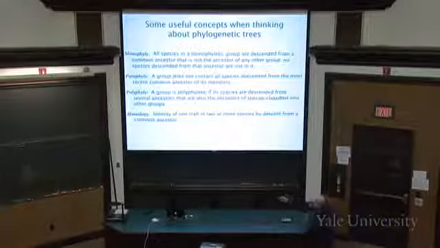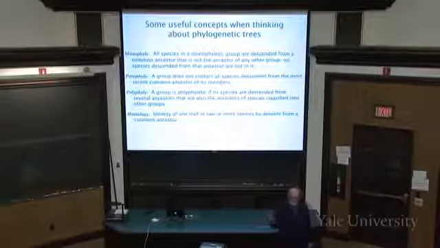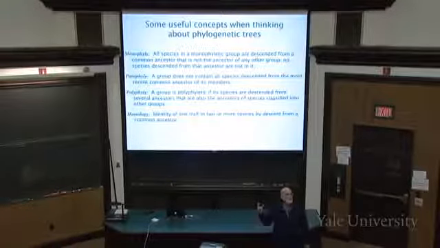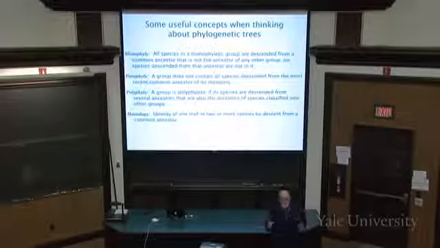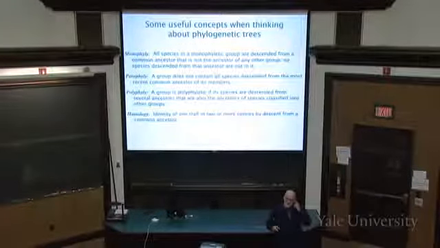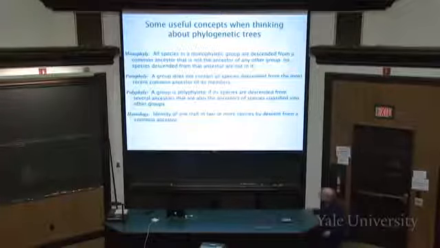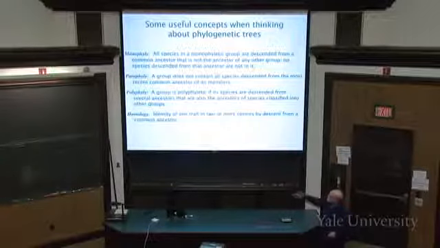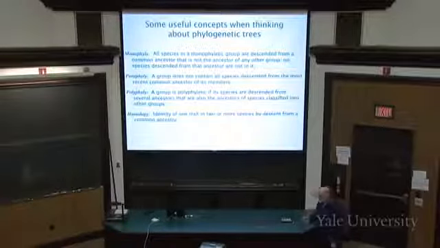The basis of a lot of this inference is the concept of homology. And homology and analogy, I'll repeat them in a minute when we get to some slides that illustrate them, but they were defined by Richard Owen in the early 19th century, before Darwin's Origin of Species. He was a great morphologist in London, and basically the idea of homology is that a trait is identical in two or more species because they are descended from a common ancestor.